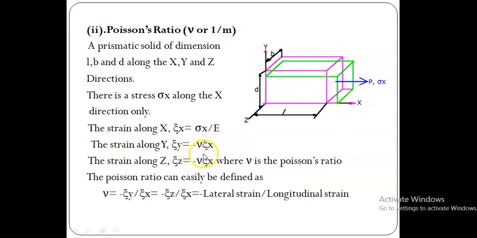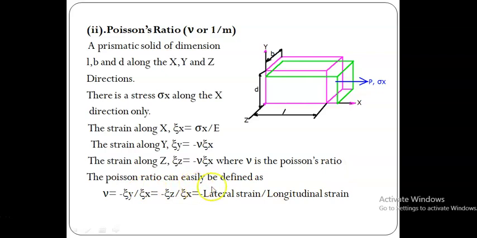The strain along the z direction, that is epsilon z, along the breadth: here also the dimension decreases, and therefore there is strain, and epsilon z is also equal to minus nu into epsilon x, where nu is the Poisson ratio.